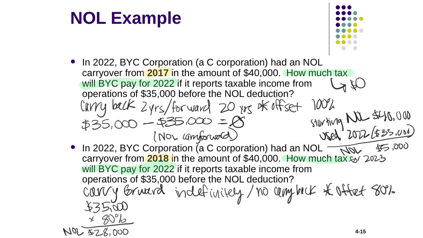So then $35,000 minus $28,000 of NOL carry forward equals $7,000 of taxable income.